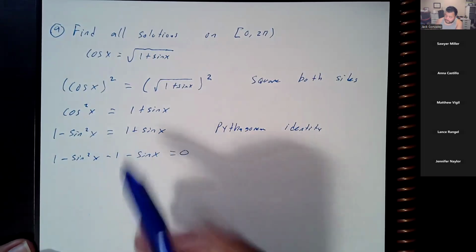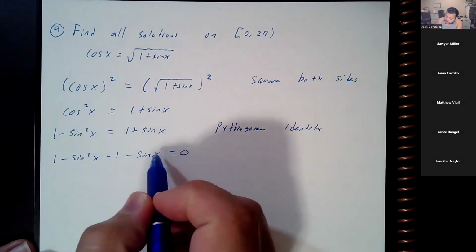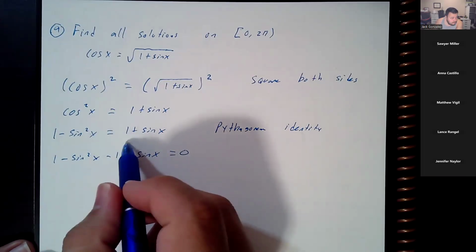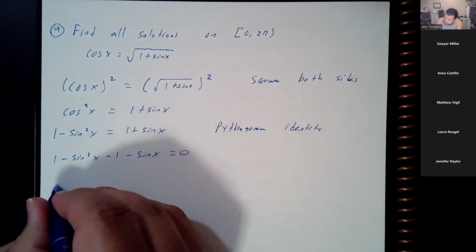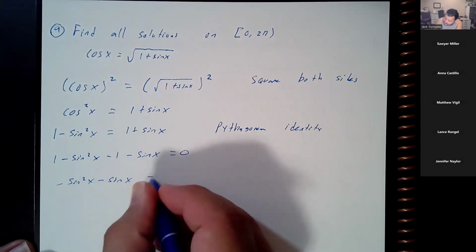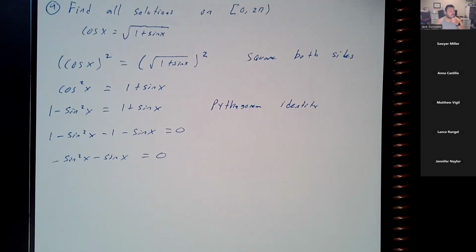I like to think of it as just moving it to the opposite side and changing the sign, because you're subtracting. These ones will cancel, so now we're left with negative sine squared minus sine x equal to 0. Okay, is the algebra okay so far?